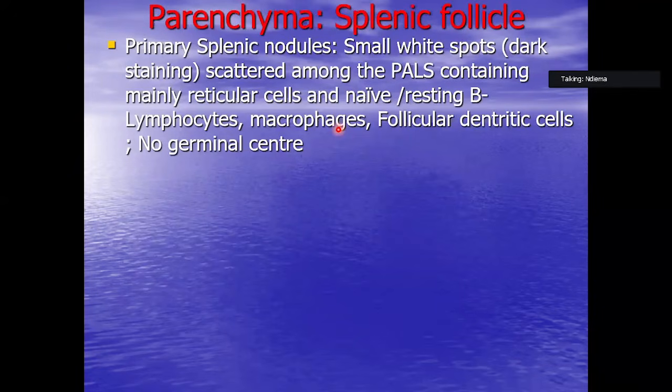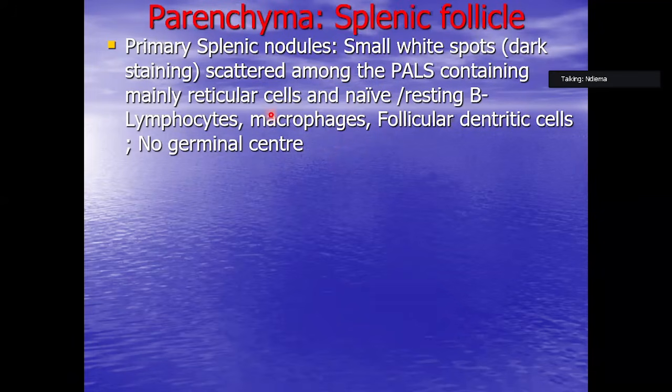The parenchyma also comprises of splenic follicles, and like we had said, the splenic follicles or nodules consist of aggregates of cells, and these aggregates of cells are scattered among the periarterial lymphoid sheath.